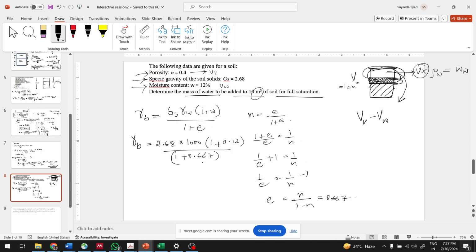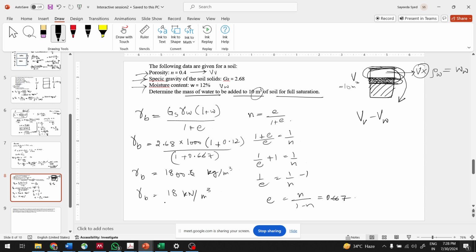So let's calculate 2.68 into 1000 into 1.12 over 1.667. So gamma B equals 1800.56 kg per meter cube. This will be basically gamma B is equivalent to 18 kilonewton per meter cube.